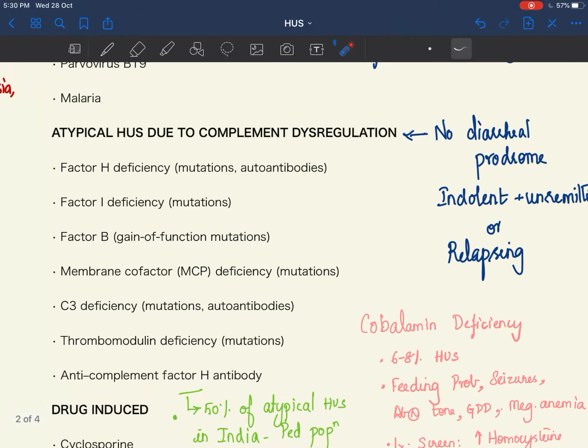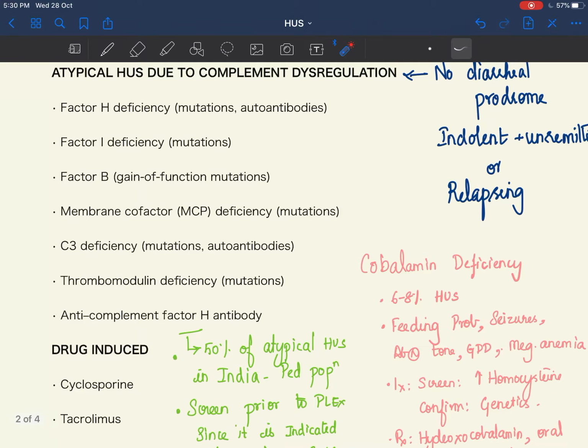Wait, now I am also confused. Let me clarify it in the description box. Okay, I am slightly hypoglycemic, forgive me for that, but note that compared to the Western world, India generally has not much of autoimmune so-called disorders, especially in children, but now it is on the increase, and especially as far as your HUS is concerned, 50% of atypical HUS in India has anti-factor H antibody.